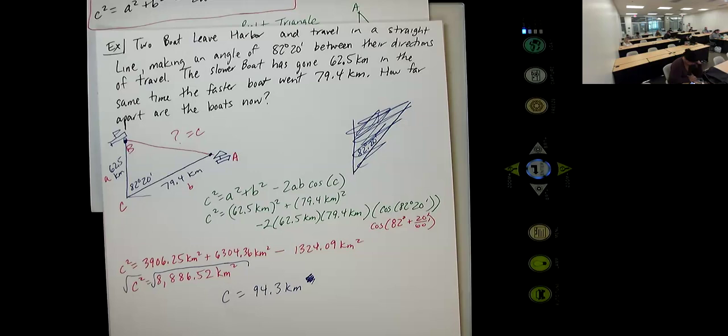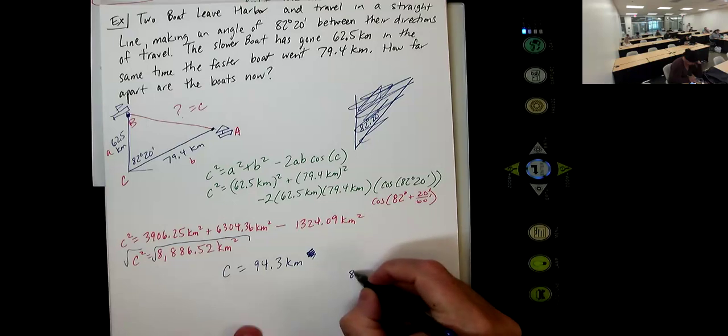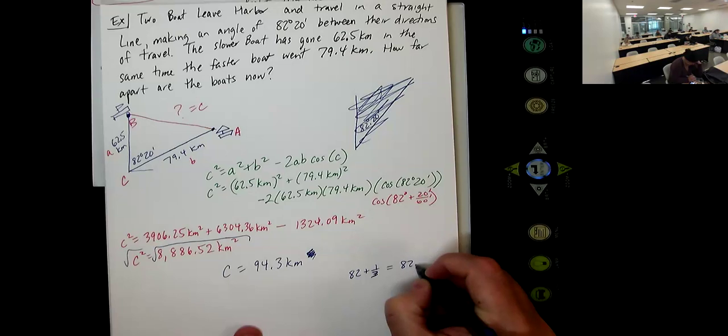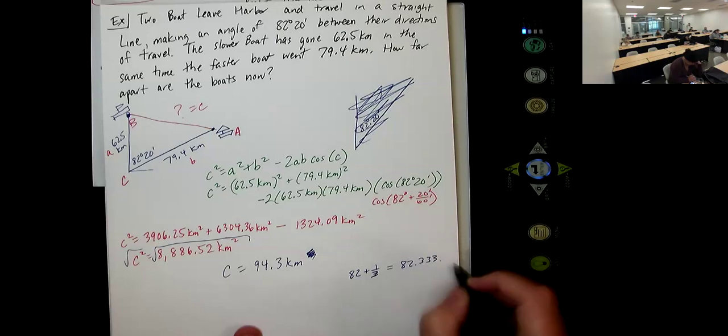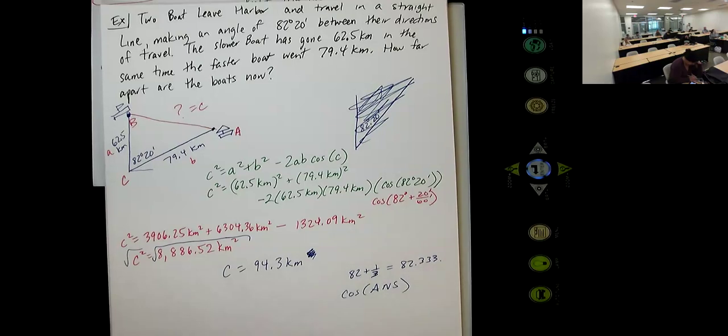You might find it easier to do 82 plus 1/3 first, and you get 82.33333. Then do cosine of that answer, and then multiply that by the rest.